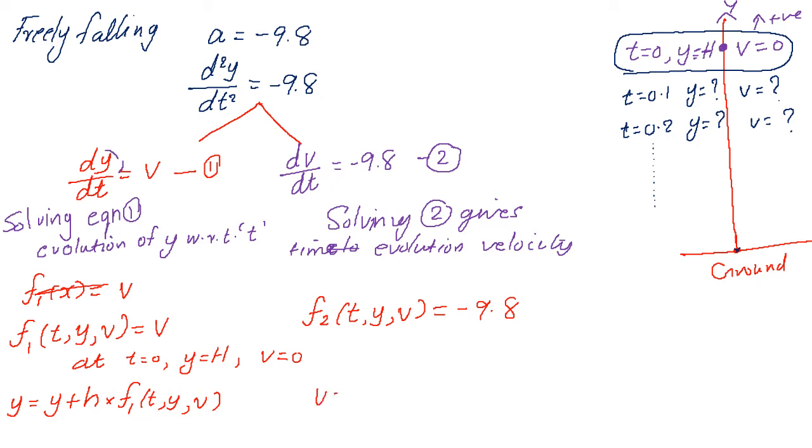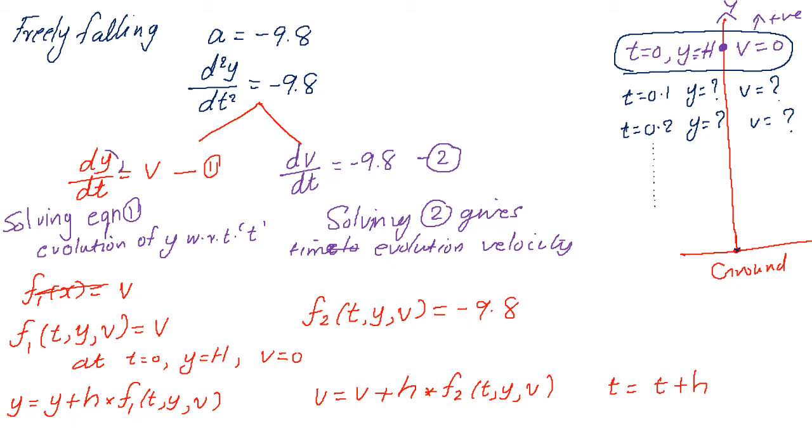New v is equal to the previous value of v plus h, where h is the time step, into f2 of t comma y comma v, correct? And once you calculate the new y value and new v value, you must calculate the new time, t equals t plus h.